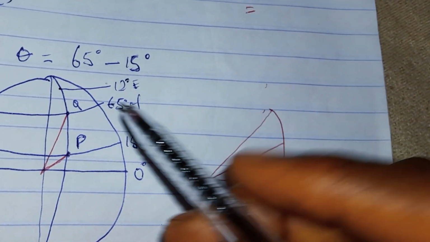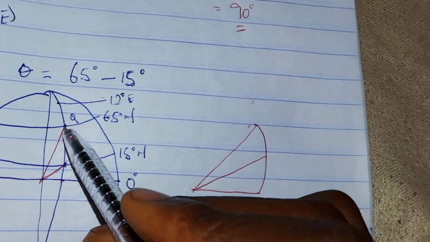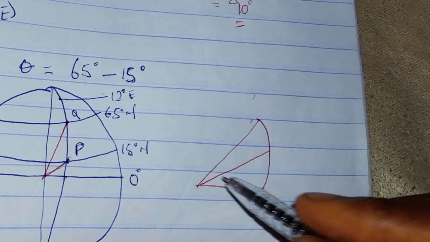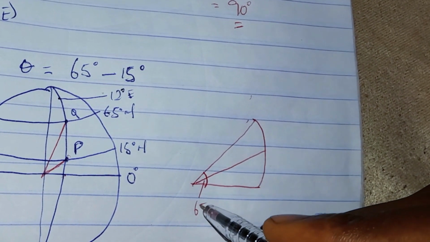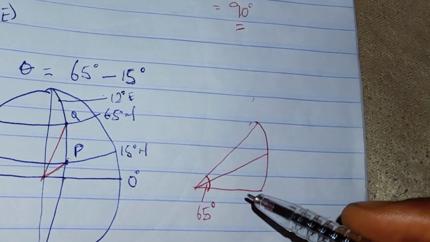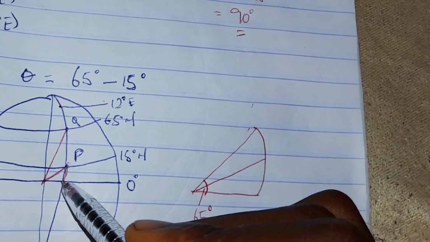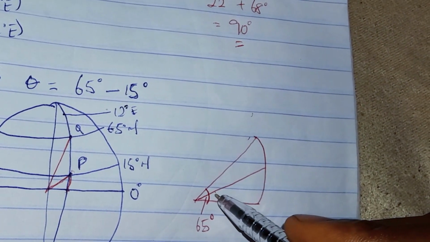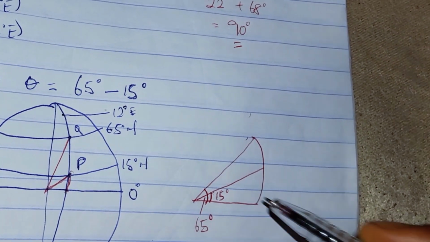Now from this point to this point is my Q, because this is where Q starts from. This is my origin, so that's my Q, which is what, 65. It means this whole value here is what, 65 degrees. And it now said what, P from here to here is what, 15 degrees, right? So that means only this small place is what, 15 degrees.